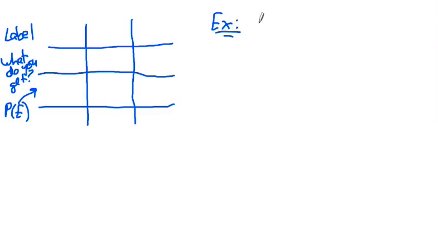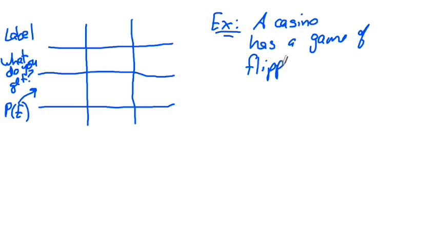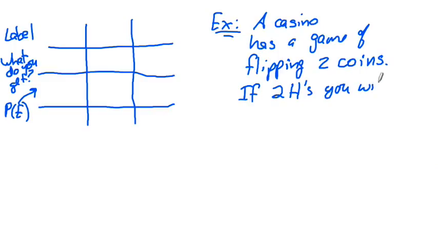So for instance, if we were going to do a really small example, let's say a casino has a game of flipping two coins. Real simple game. If you get two heads, you win $10.